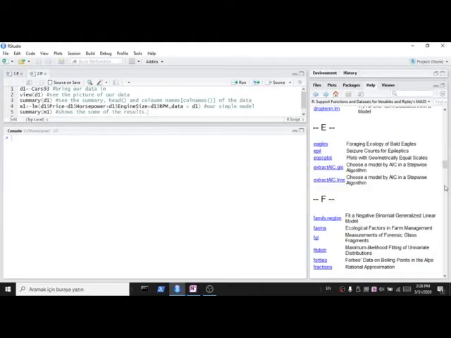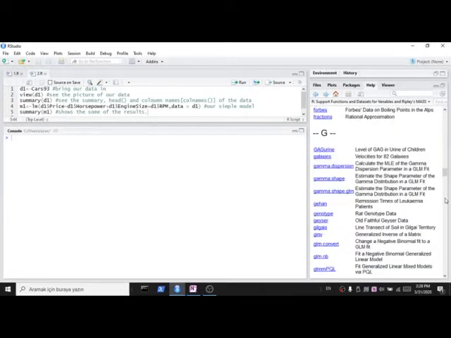In order to use MASS, if you have installed the package, you can just mention library(MASS) and load it.